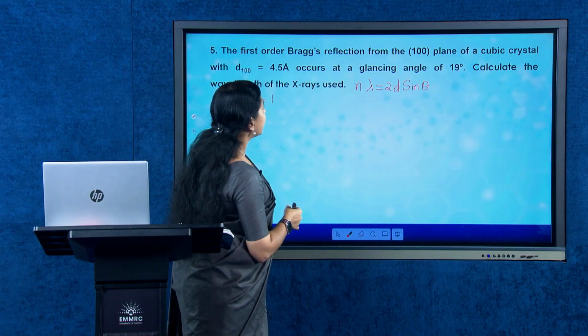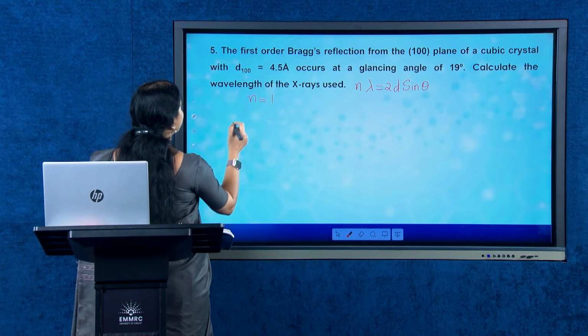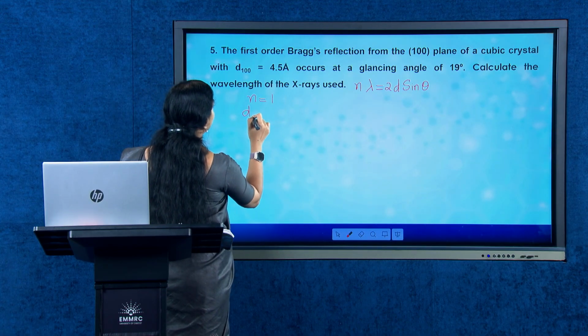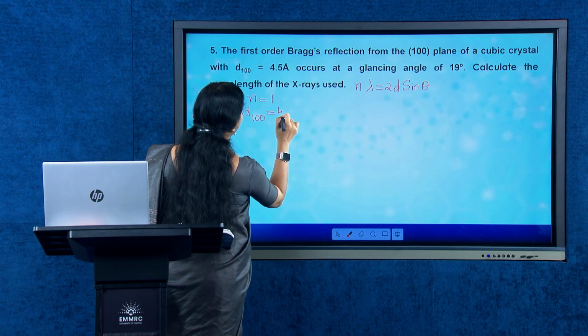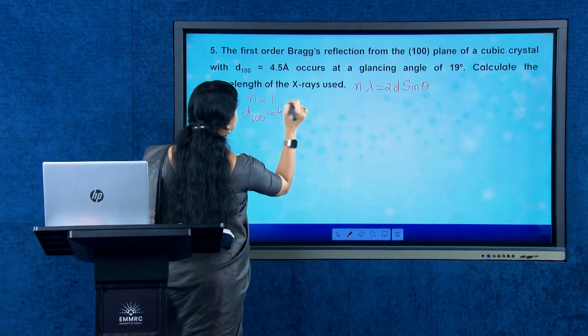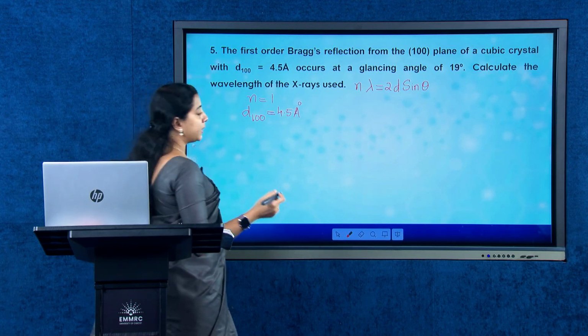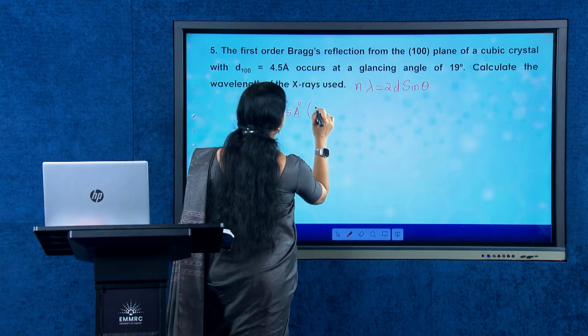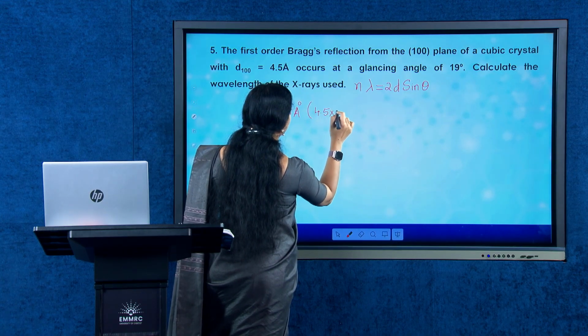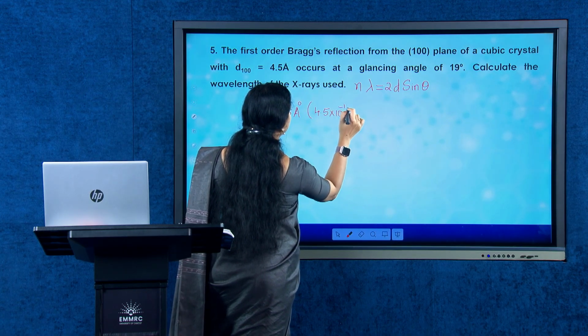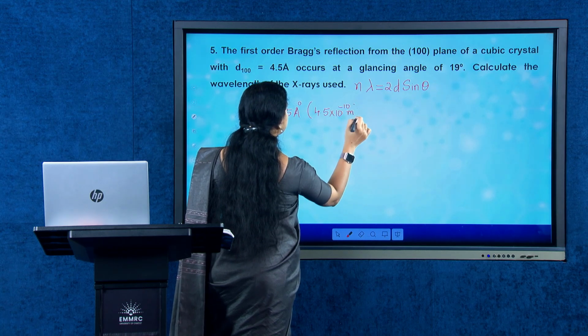The diffraction is occurring from a 1, 0, 0 plane and the spacing d100 is equal to 4.5 angstrom. Either you can represent it in angstrom or if it is in meters, you can represent it as 4.5 into 10 to the power of minus 10 meters.